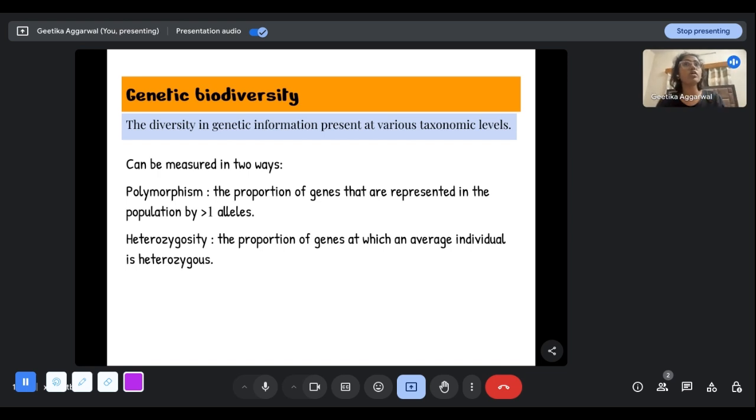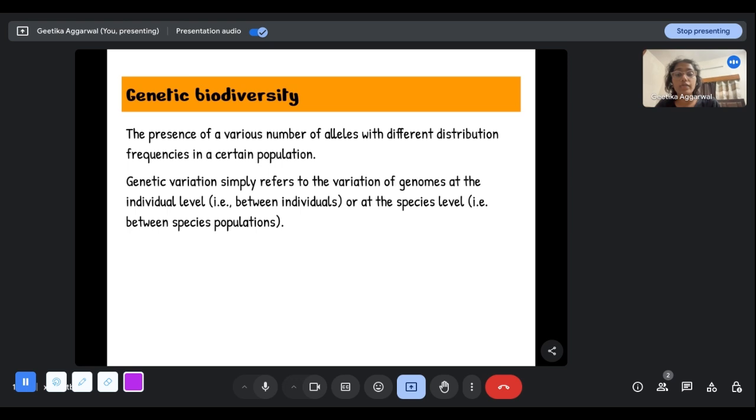If you're talking about a gene for eye color, and both your alleles are blue and blue, then you are homozygous. If your alleles are blue and green, or blue and brown, then you are heterozygous. So what is the proportion of genes at which the individual is heterozygous? That is heterozygosity. Okay, this is genetic diversity.